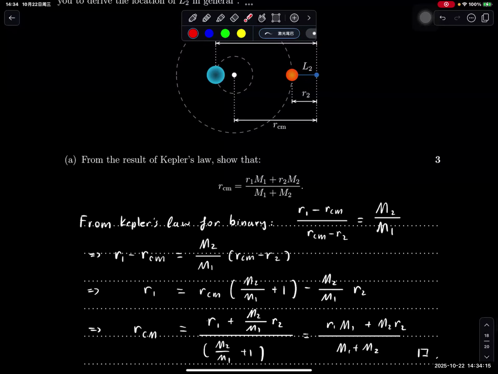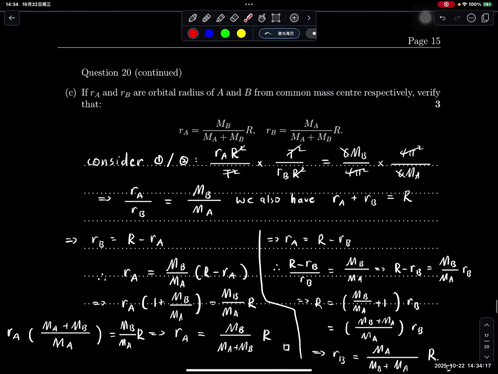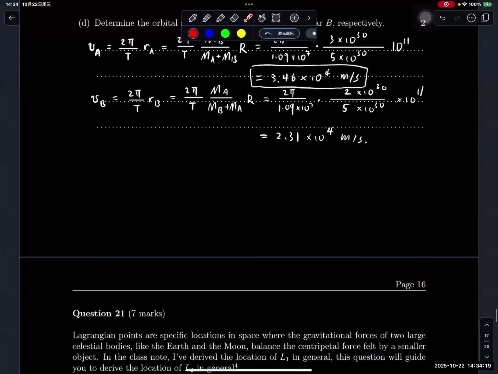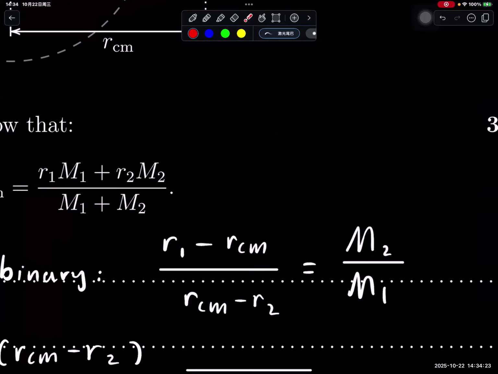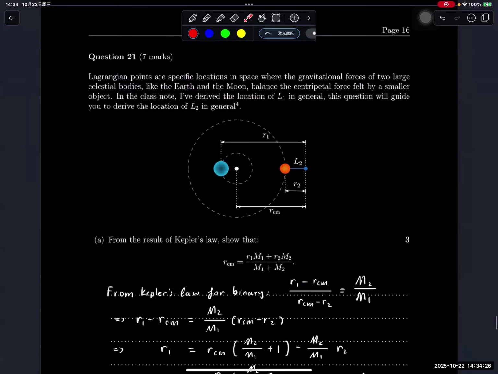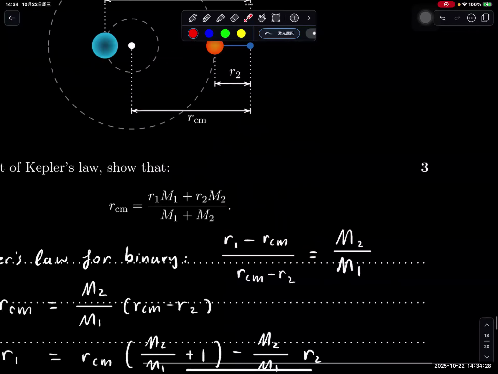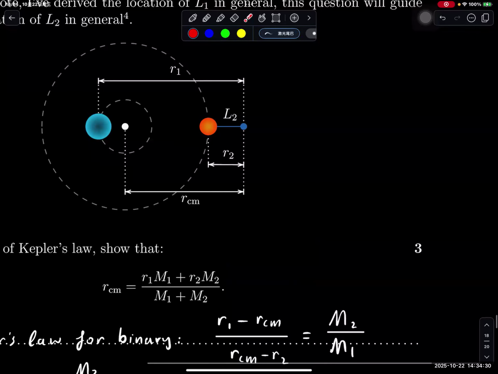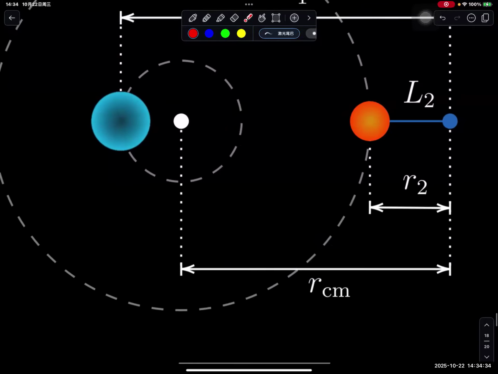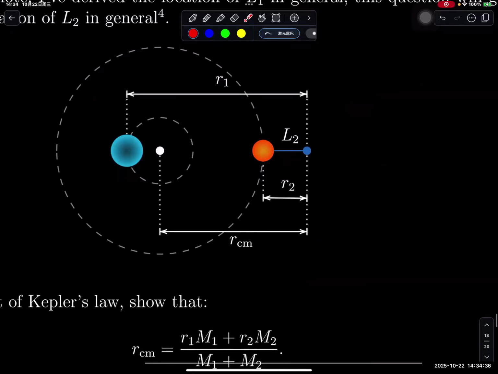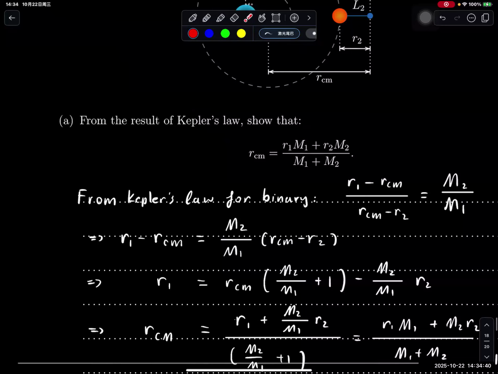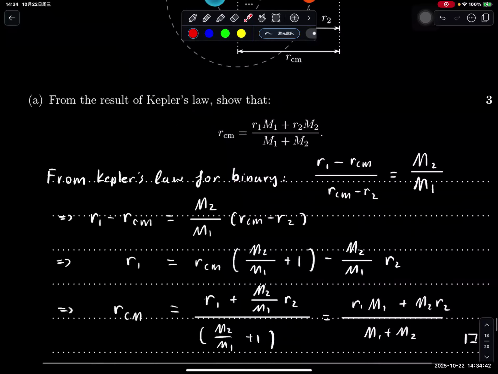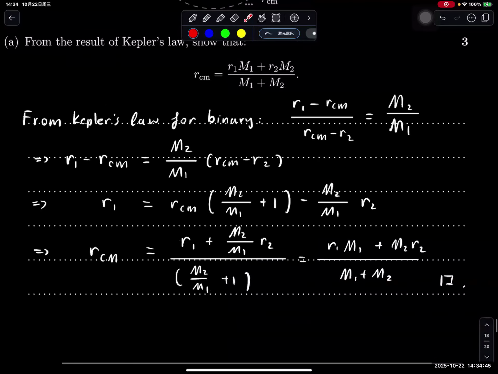From this equation right here, you can get this relationship, and then the distances are changed into parameters that we define here. So R1 minus R_CM is the distance from the blue star to the center, and the other one is the other star. If you rearrange and algebraically manipulate this, you should get something out, okay?